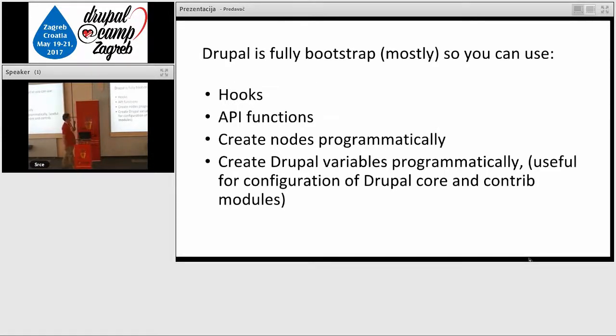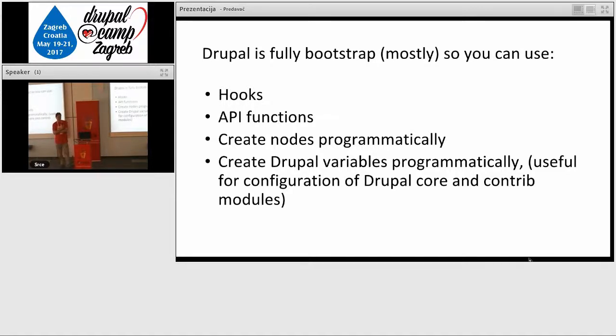At this stage, when you start installing with your custom profile, Drupal is fully bootstrapped, so you can use all the Drupal hooks that you used to use in your modules. You can use all API functions. You can do things like create nodes programmatically. You can create Drupal variables programmatically, which is useful to automate configuration.